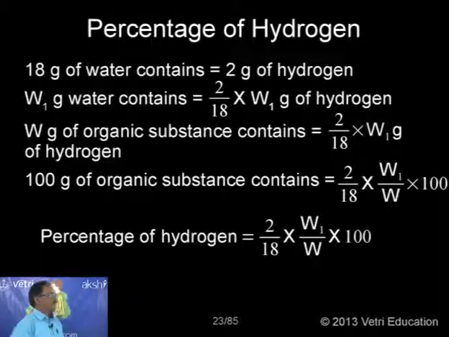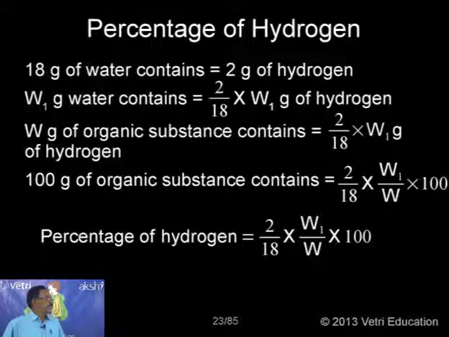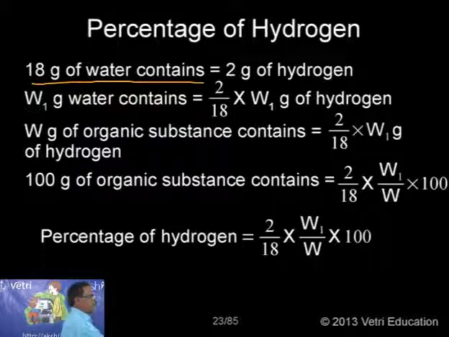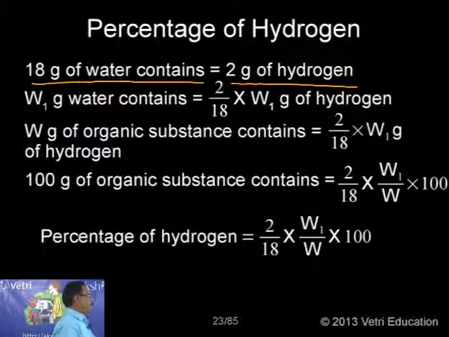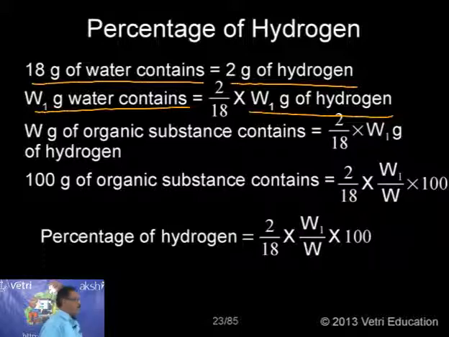Kindly follow me. Percentage of hydrogen. 18 grams of water contains 2 grams of hydrogen. Therefore, W1 grams of water contains 2 by 18 into W1 grams of hydrogen.